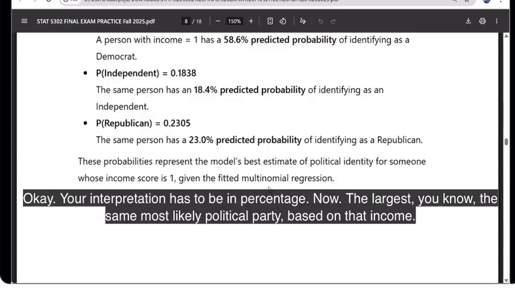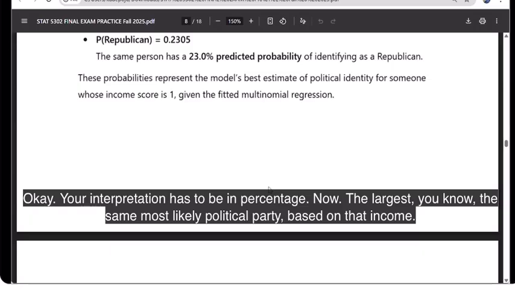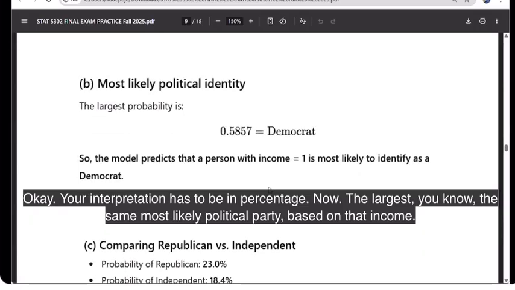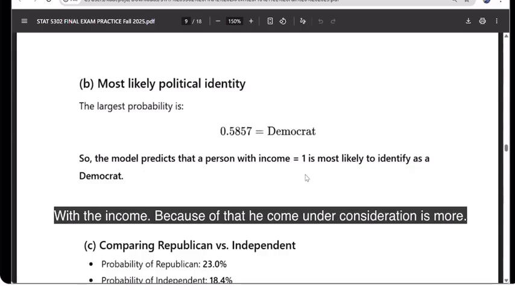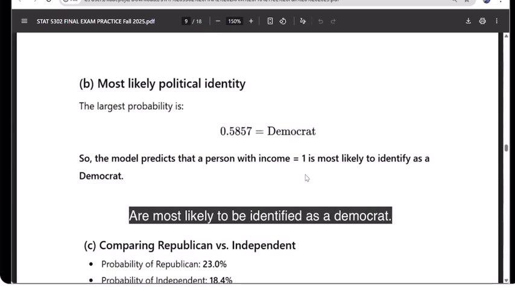Your interpretation has to be in percentage. Now, the largest, the most likely political party based on that income is Democrat. That is according to our data. And also I said the model predicts that a person with the income under consideration is most likely to be identified as a Democrat.